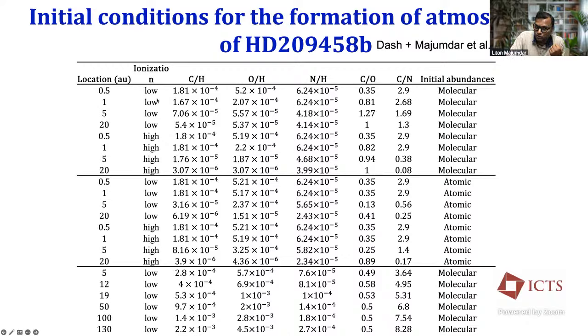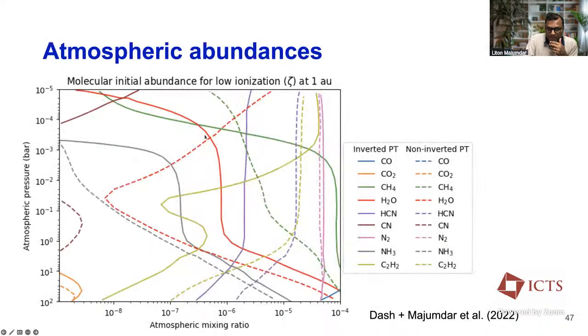And here, what I'm showing are two different possibilities. One is the system having low ionization, another is high ionization. Okay, so if you plug in all this initial composition that is set by the complex chemistry that has happened in the protoplanetary disk stage, and if you use them as key tracers in your future planetary atmosphere model, this is what you see.